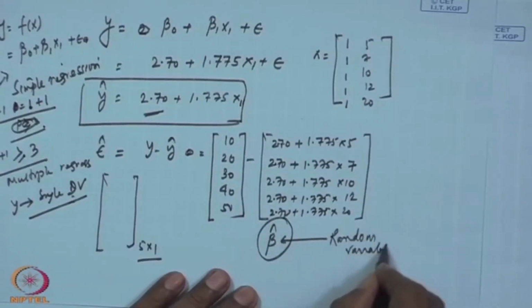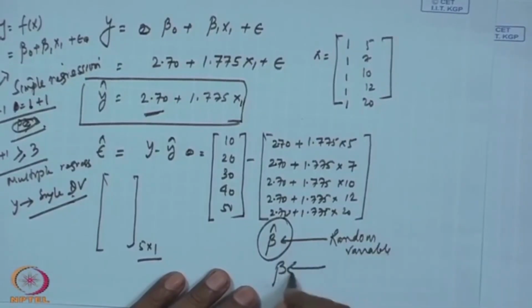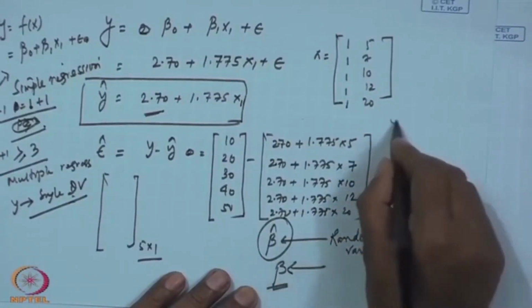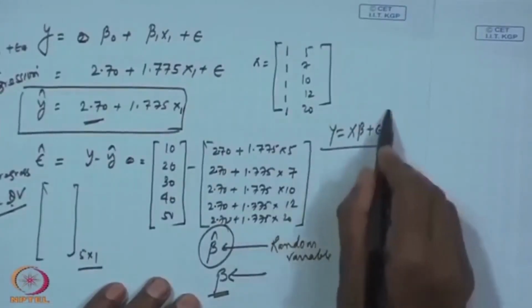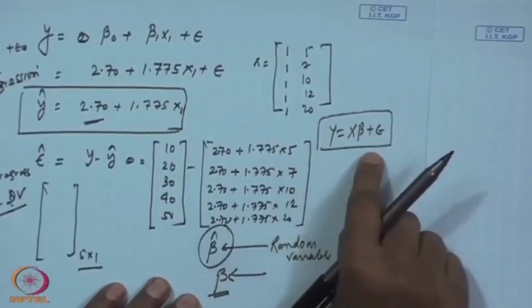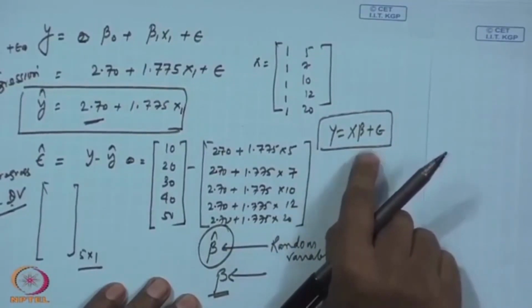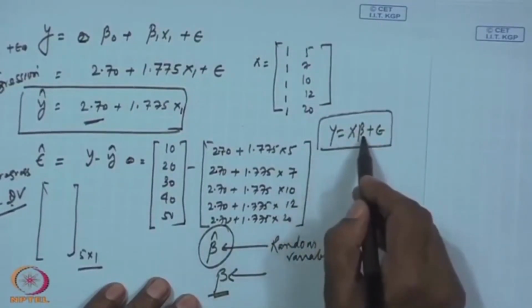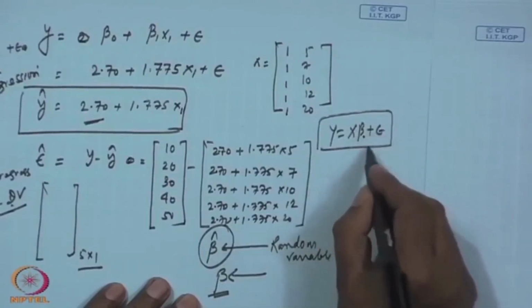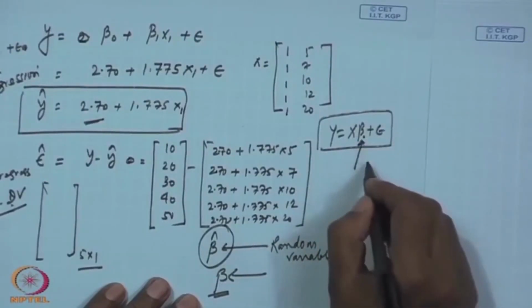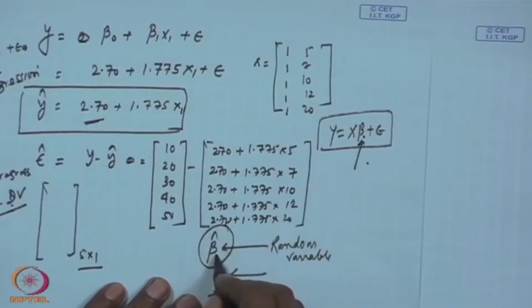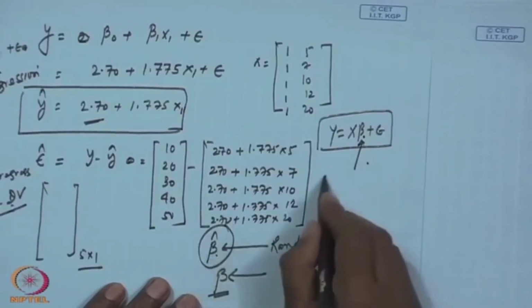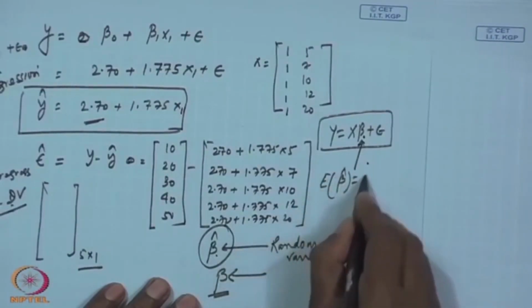What about beta? Is it a random variable, the beta, the regression coefficient from the population point of view? You have y equal to x beta plus epsilon, which we are talking about. It is our regression line for the population. Beta is the population parameter. So, that is constant and it is unknown. So, that is why you are obtaining this beta cap, which is an estimate of beta, and expected value of beta cap will be beta.